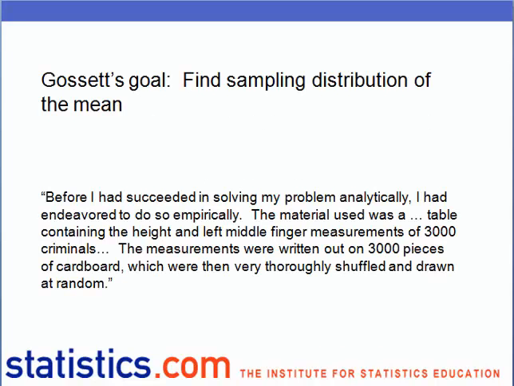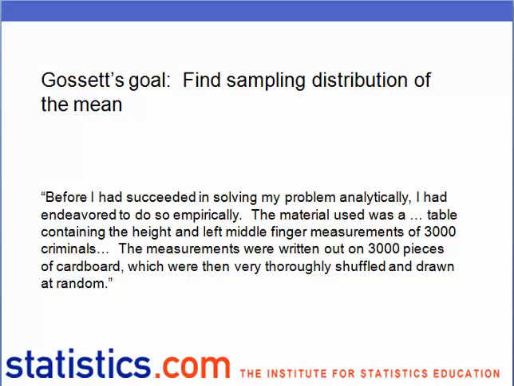Gosset's goal was to find the sampling distribution of the mean. And if you look at his article, there's this quote. What did he do first? Well, he wrote down 3,000 values. It happened to be physical measurements from 3,000 criminals.